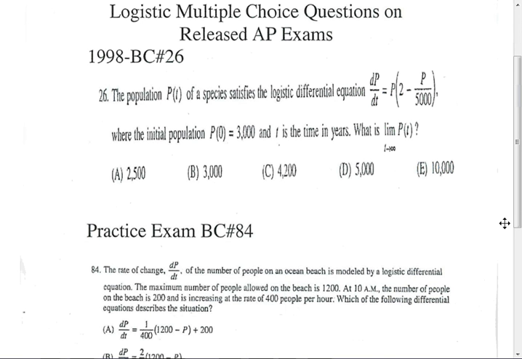What's wrong with it? Oh, it's not 1 minus. Hey, guys, dP/dt equals kP, and then it's 1 minus P over the carrying capacity. Okay, guys, it's not in the right form.